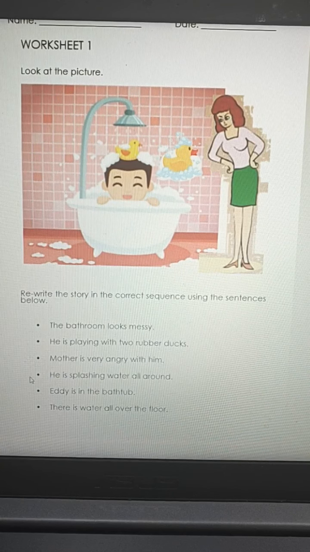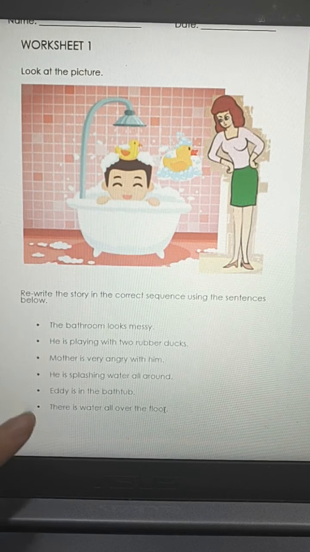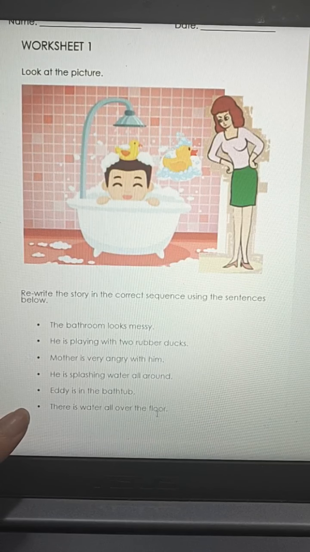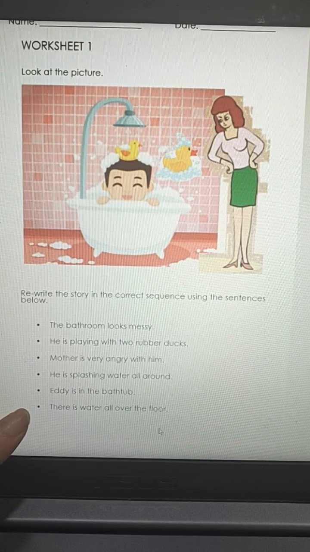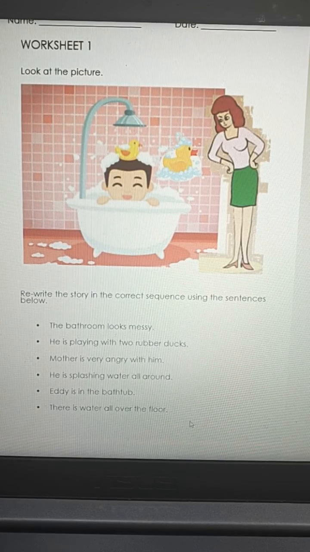Okay, next one. Which one is the fourth sentence? After he splashed water all around, what happens to the water? So the water is all over the floor, right? So number 4 should be, there is water all over the floor. Can you write number 4 here? Okay, the next sentence, the fifth one.